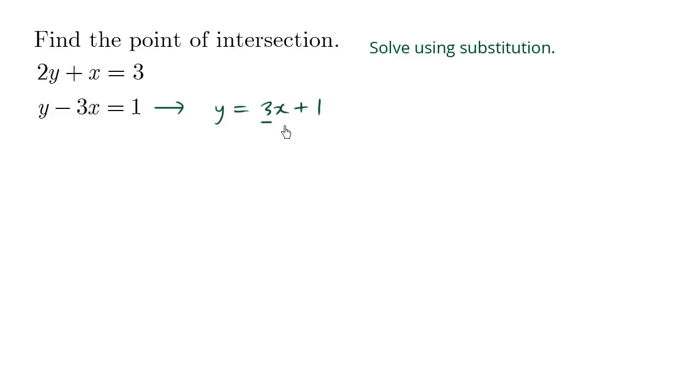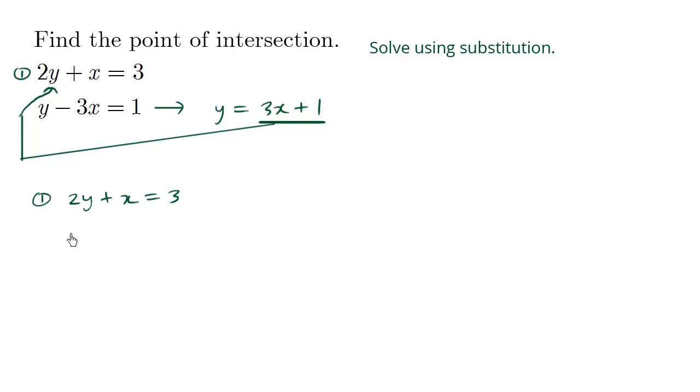So we know what y is. This is the value of y. And we're going to take this intelligence and stick it right over here into equation number 1. So focusing on equation number 1, we have 2y plus x equals 3. This y value, recall, is 3x plus 1, so 2 times that plus x equals 3.